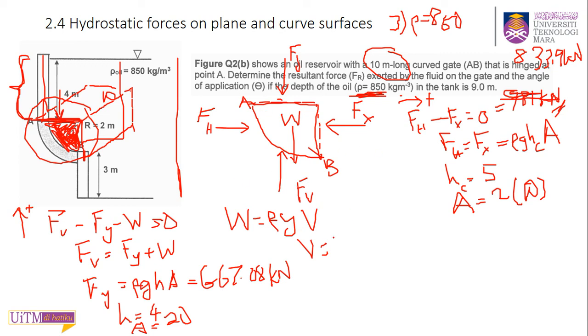Okay, so what's the value to find the V? 1/4 pi r squared. How much is it? 2. 2, okay, 2 squared times the height, the length, the height is 10, right? This is 10.